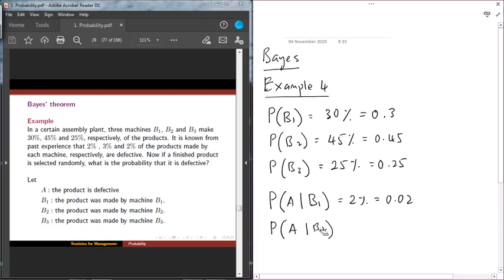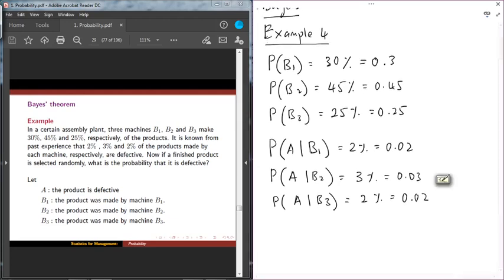If B2, 3 percent, 0.03. B3, 2 percent, 0.02.